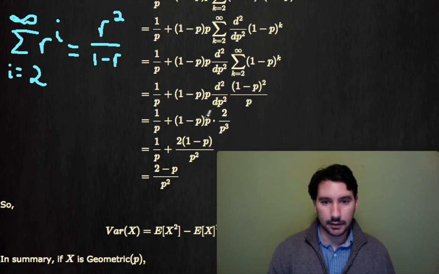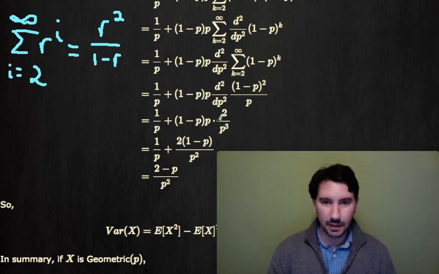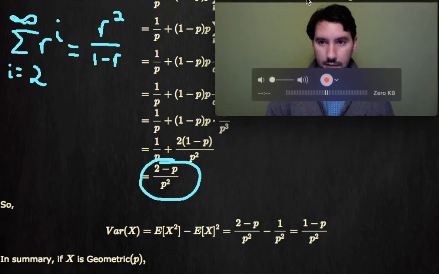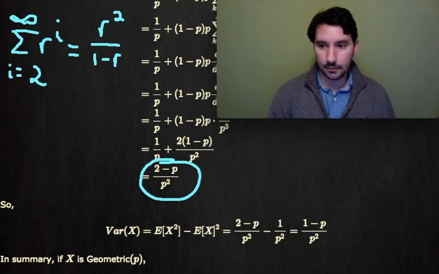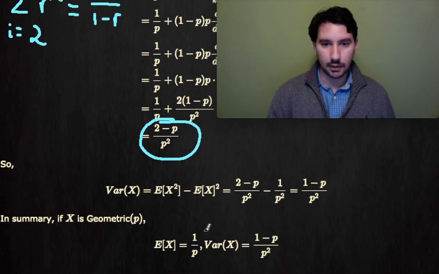After doing a little bit of cancellation, you get 2 times (1 minus p) over p squared. Looks like the only thing that cancels is p. Then we get a common denominator, so multiply by p over p, and you're going to get (2 minus p) over p squared. Now for the variance, we need the expected value of x squared minus the quantity expected value of x, squared.